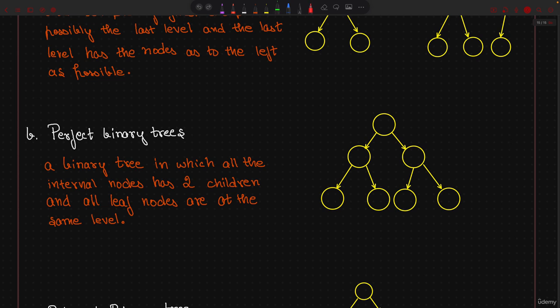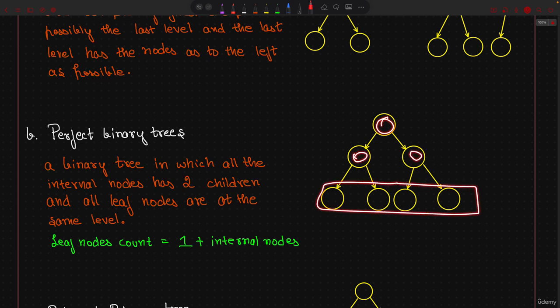Few properties are there. Now we can say that the number of leaf nodes is equal to 1 plus the number of internal nodes. That is a property which we can see in front of us as well. For this particular example, there are 3 internal nodes and 4 overall leaf nodes.